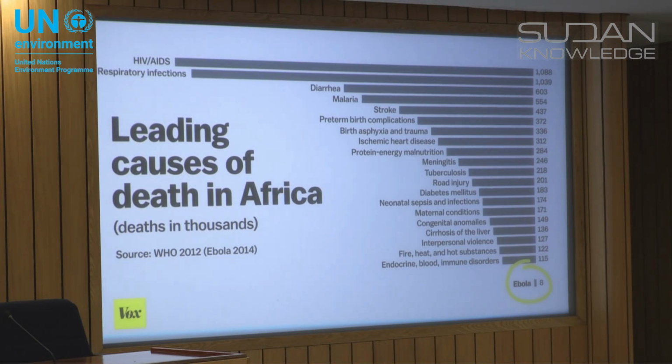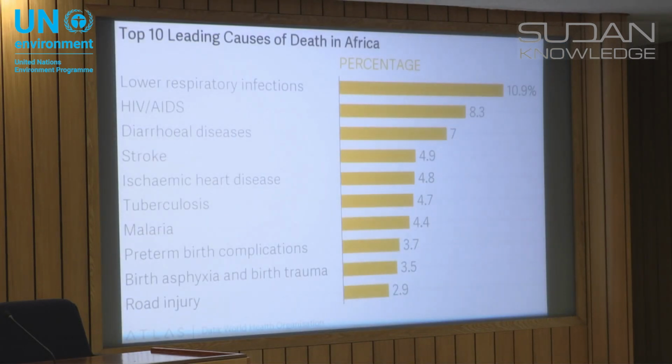The leading causes of death in Africa have changed a little bit during the last 5 to 6 years. TB has become the top in the last 2 years, and then HIV. HIV has not reduced, it is still the same, but TB has just surpassed it. Diarrheal disease has always been number 3, and it's still down there.